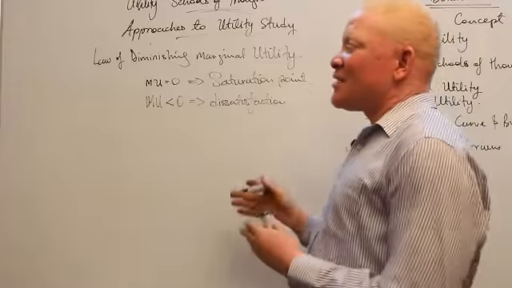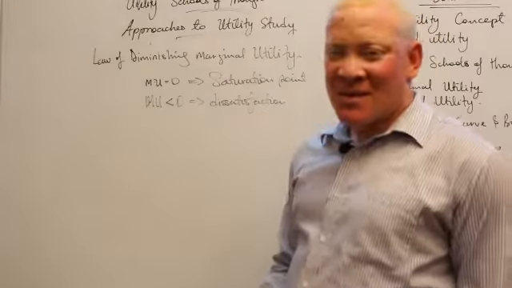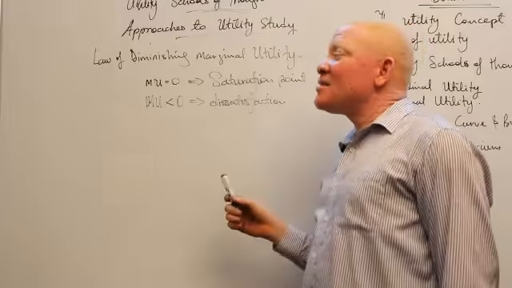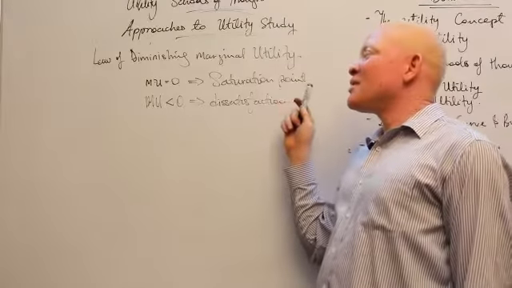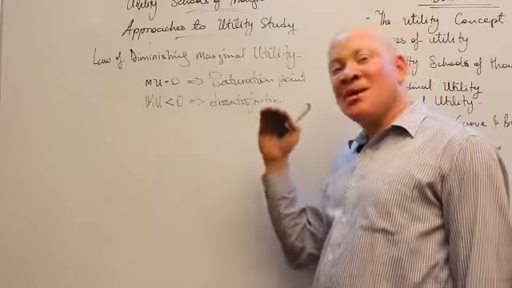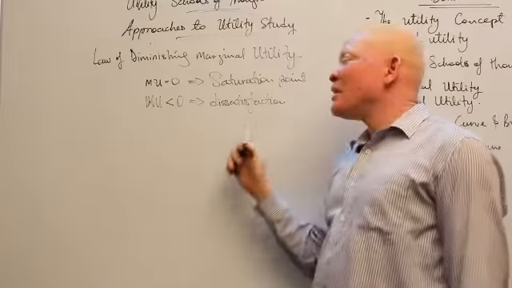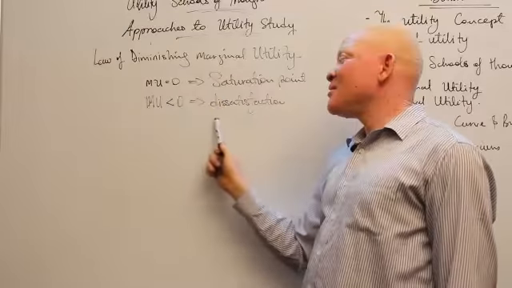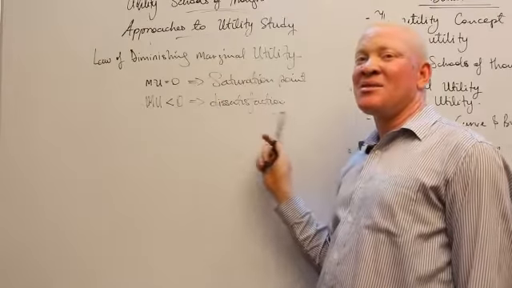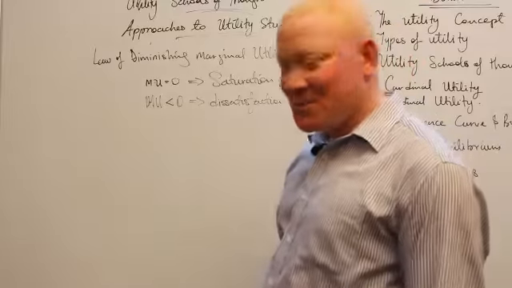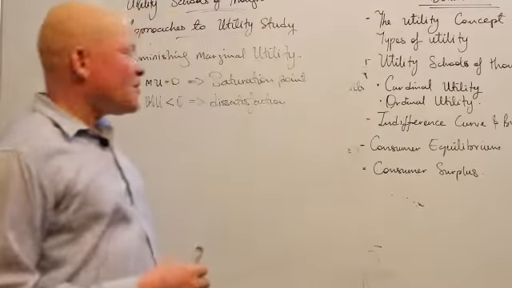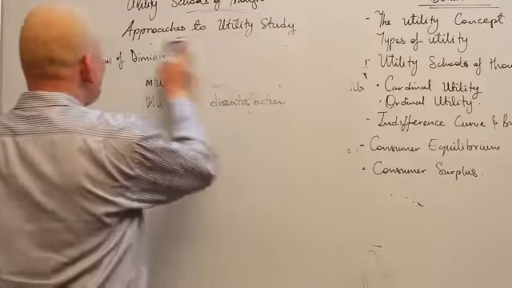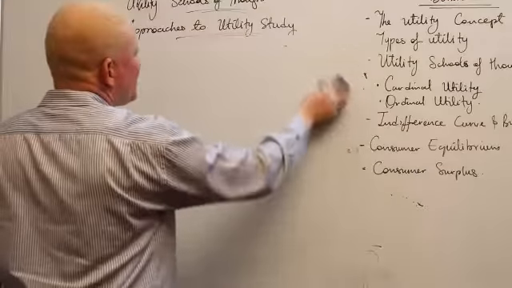When marginal utility is still greater than 0, the consumer is still having some level of satisfaction, and that means total utility is still increasing. But when marginal utility is 0, you have reached a saturation point and total utility has reached the maximum level. But when it is negative, which is less than 0, it implies there's dissatisfaction, and it means total utility is reducing. Now, that is the cardinalist approach to utility.